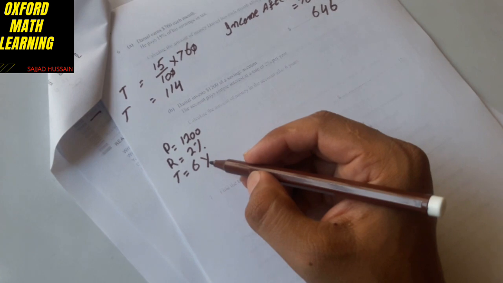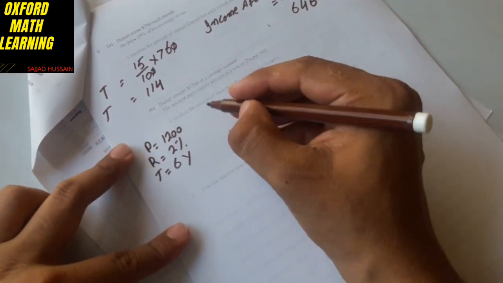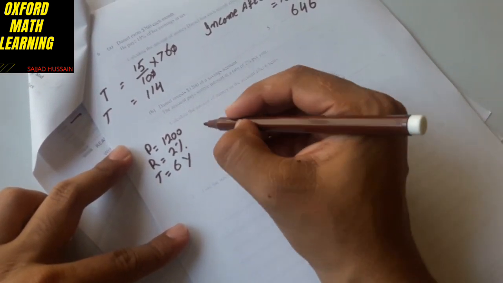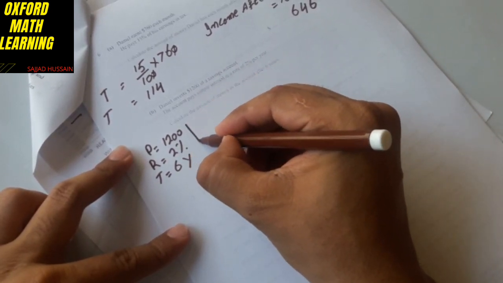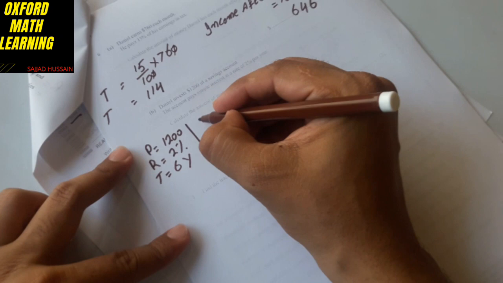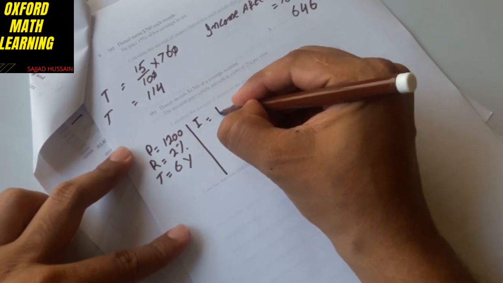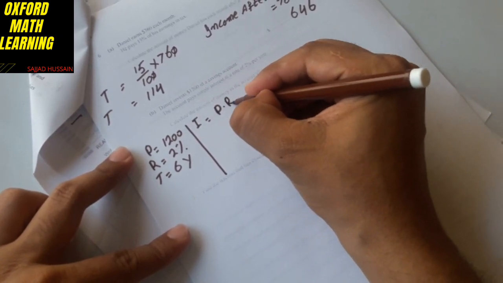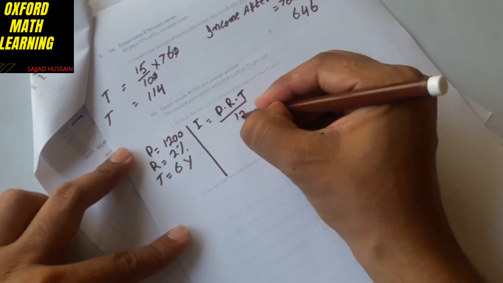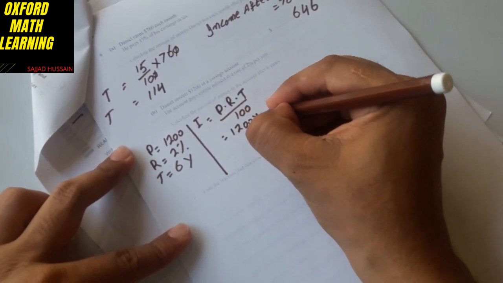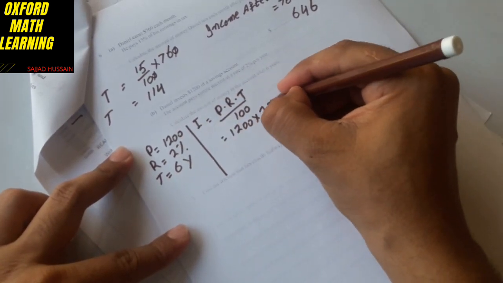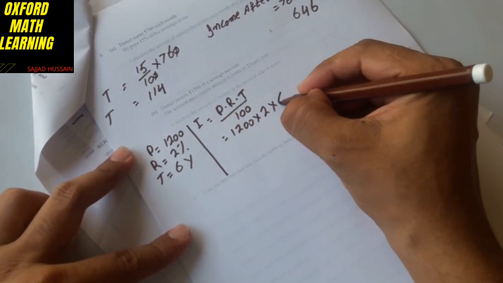so we don't have to change time. So the formula for interest is PRT over 100. These things are given. It means P is 1200, R is 2%, and time is 6 years.